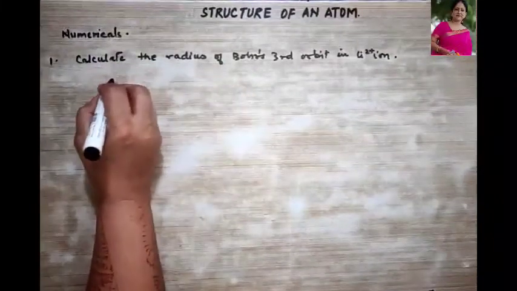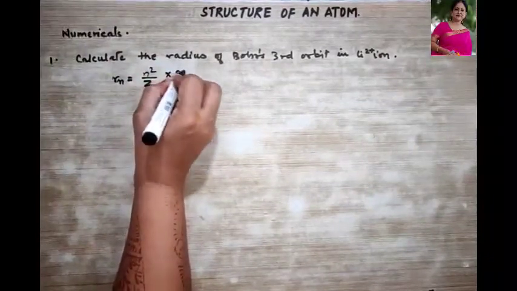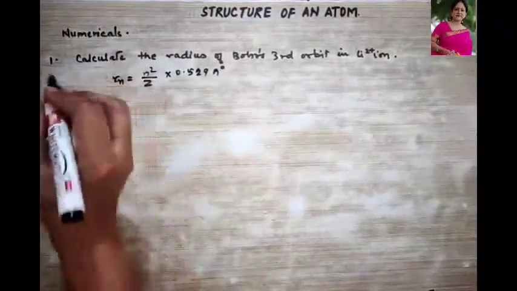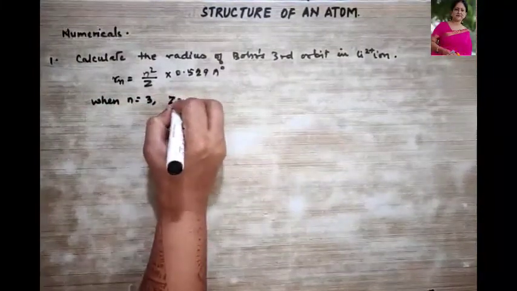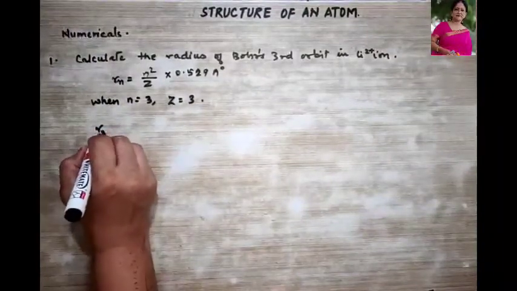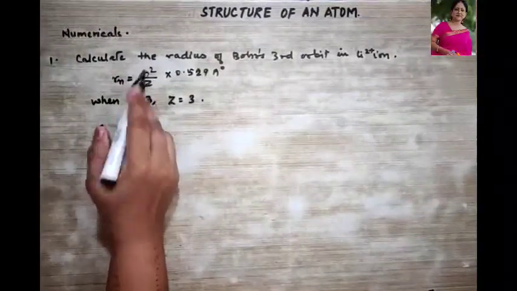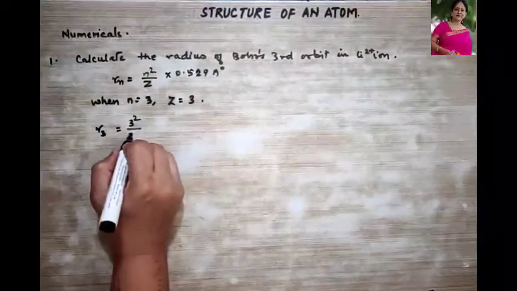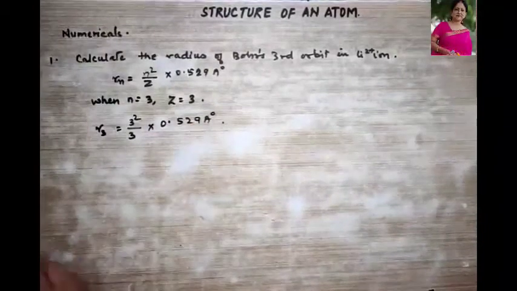We know that the radius formula is equal to n square upon Z into 0.529 Angstrom. This is what we had studied yesterday. Here n is equal to 3, and the atomic number of lithium is also 3. So the radius of the third orbit will be equal to 3 square upon 3 into 0.529 Angstrom.